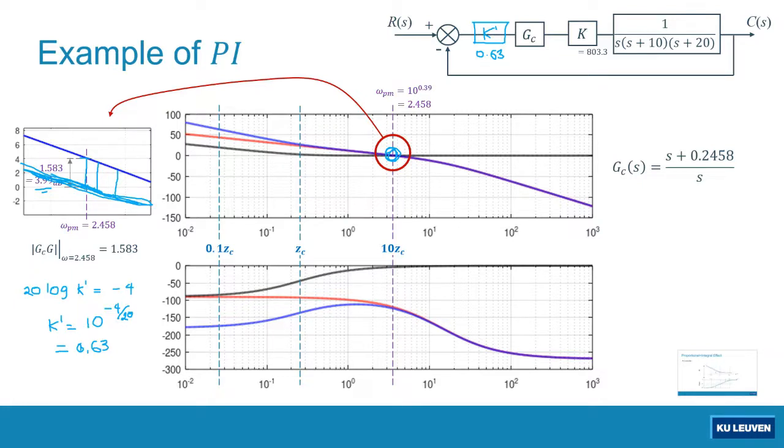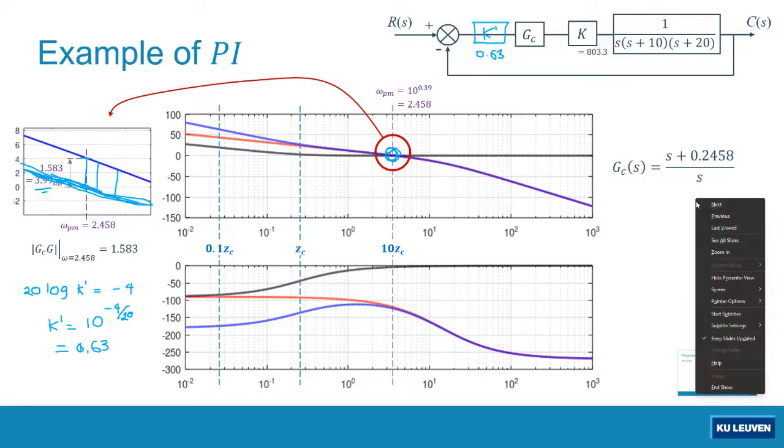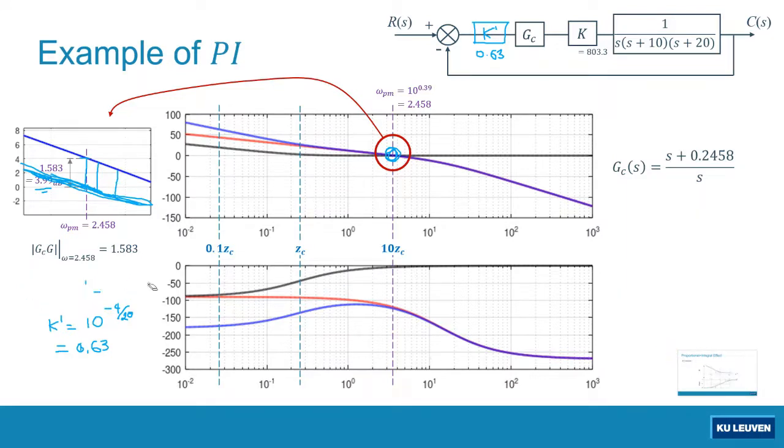Once I have this new PI controller design, I might still want to check it once more for the actual phase margin and actual phase margin frequency, and if everything is okay, then I can stop there. Again, controller design is an iterative process, so you might want to do it iteratively to have a better and better design at the end.